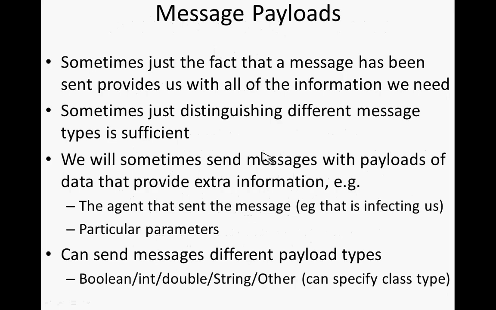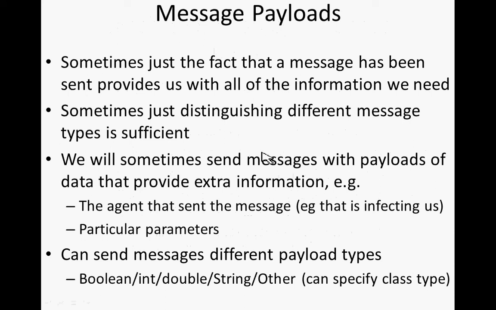So message payloads can often contain valuable information. So, for example, I might send in a message to Z not only my identity, but information on where he was infected by me, or the context under which he was infected. He might want to save that away in his history.